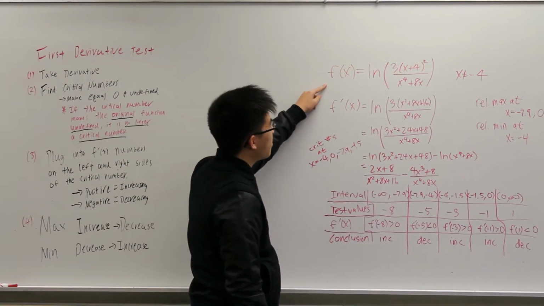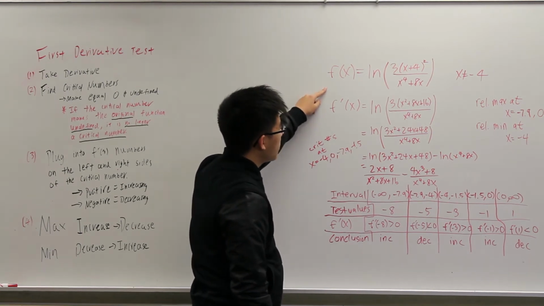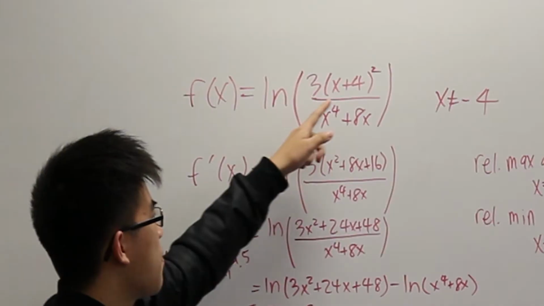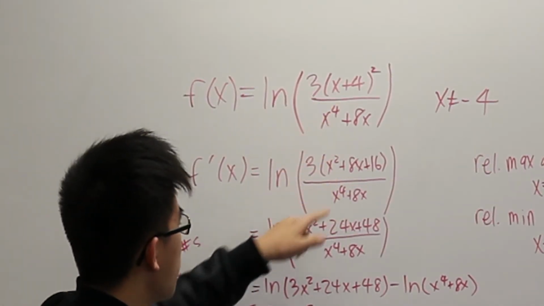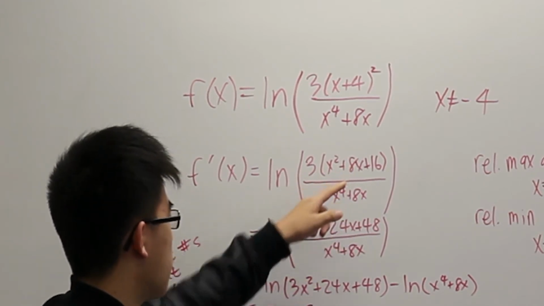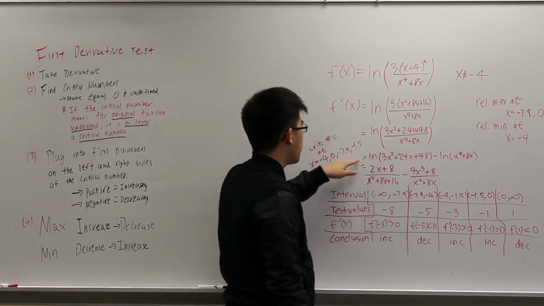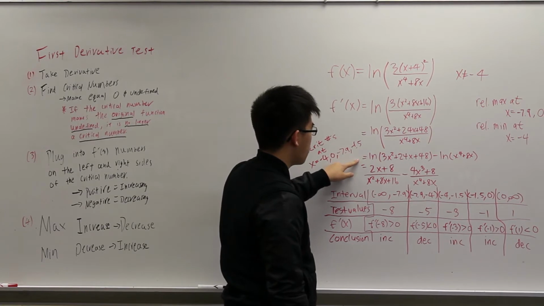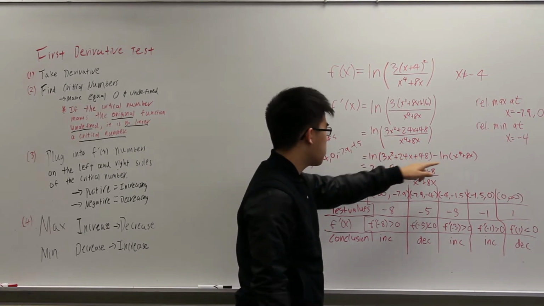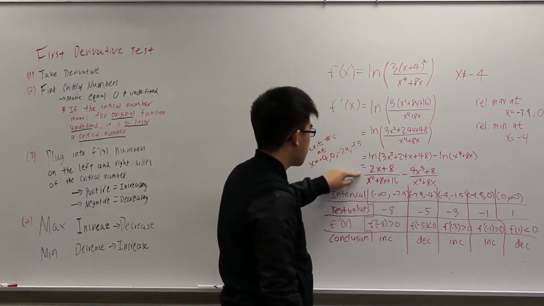So here we have another log example. Next we want to take the derivative of it. So what you do is just expand x plus 4 squared, and then you put in 3 and distribute it throughout the whole quadratic equation. After that, you'll use your quotient rule for your logs, and you'll take the derivative of the log function for each to make it equal this.